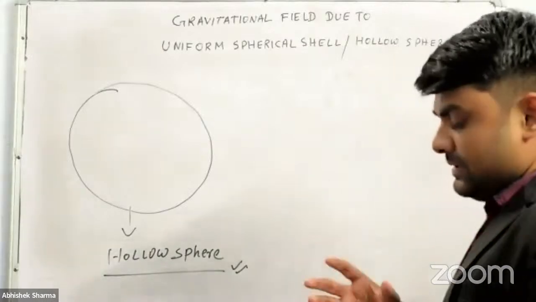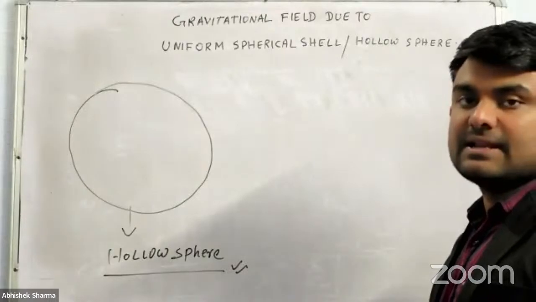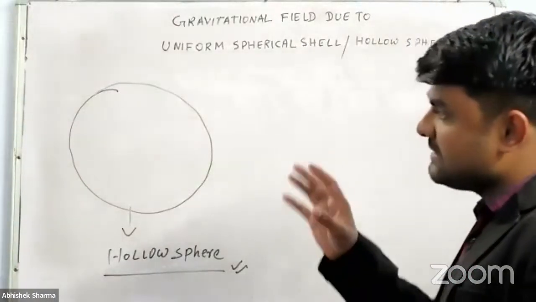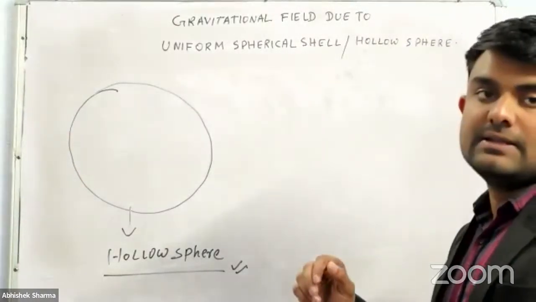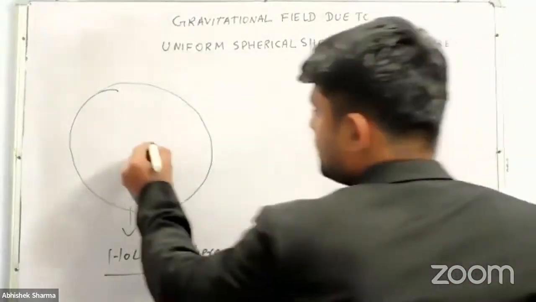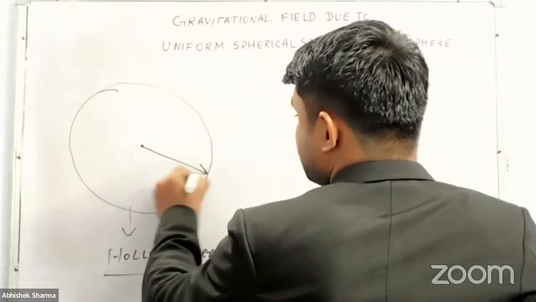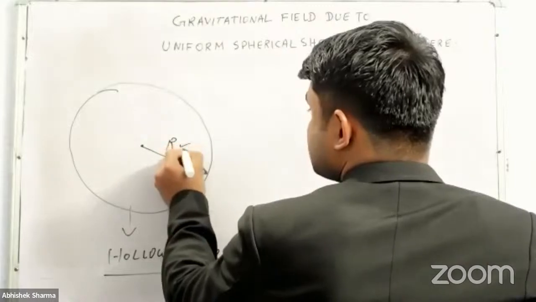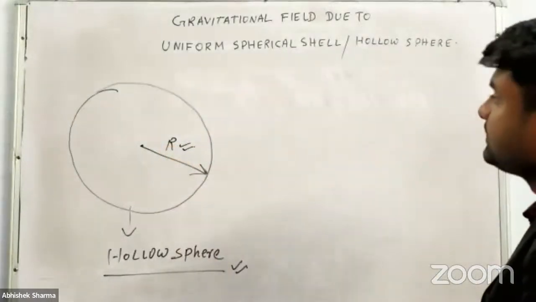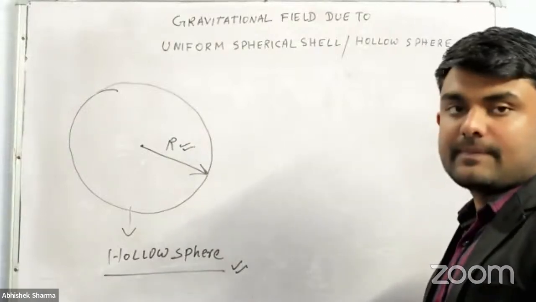Since it's a hollow sphere or a uniform spherical shell, we'll say the mass is only present on the periphery. There's no mass in the inside portion, isn't it? From the center to the periphery, this is basically the radius.